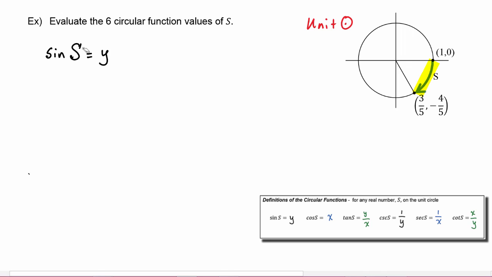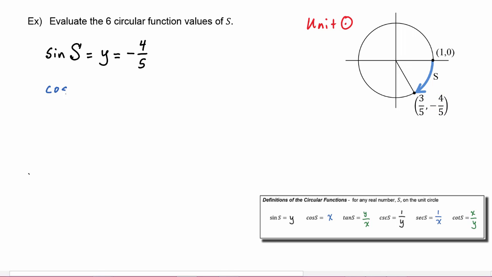S is not an angle anymore. S is this physical distance. And the circular functions say that the sine of S is going to equal the y value there. So there's actually nothing to calculate here. We just write down -4/5.